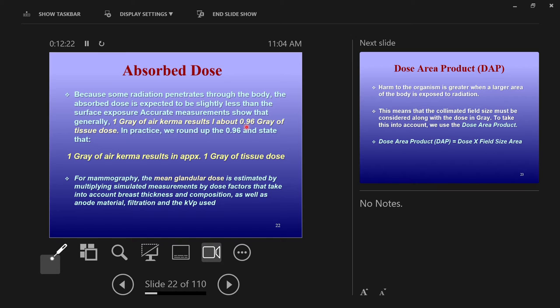So in this case, about 4% of the radiation passed through the body, right, didn't get absorbed by the body. For all intents and purposes, to simplify things, we can say that 1 gray of exposure equals 1 gray of absorbed dose, even though they are actually a little bit different. But we like to make things simple for ourselves.